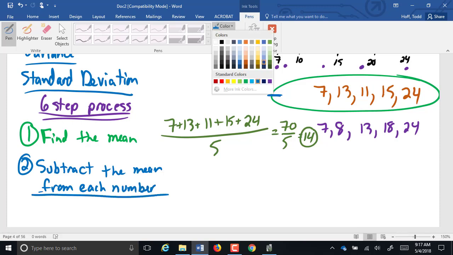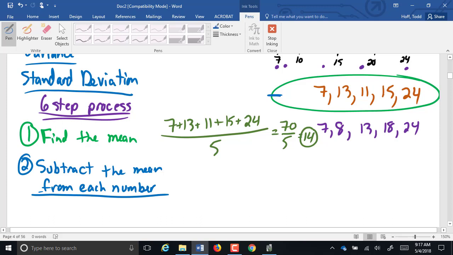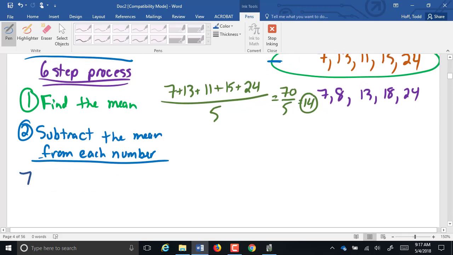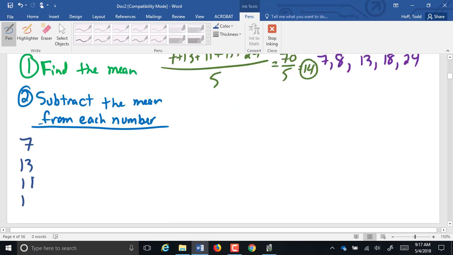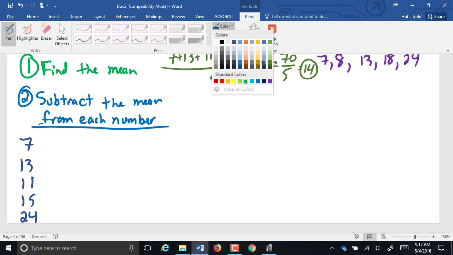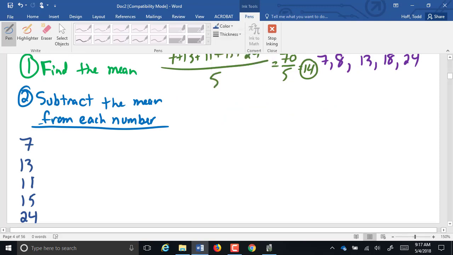What does that mean? Well, I'm going to take my numbers here, 7, 13, 11, 15, and 24. And I'm going to subtract that 14, that mean of 14, from each of them. So 7 minus 14 is negative 7.